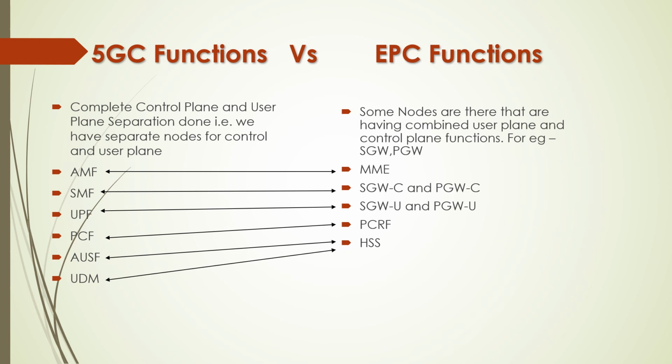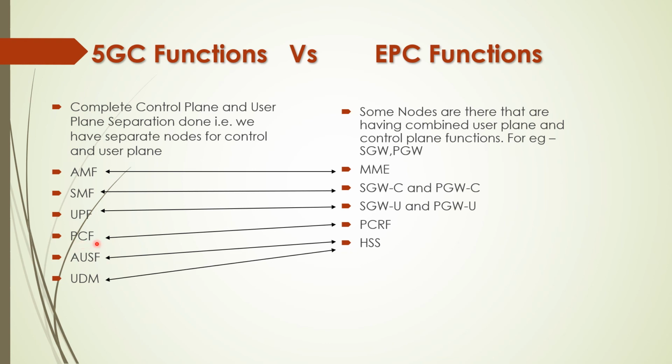So the combined S gateway and P gateway control functions are defined in one network function here, which is the SMF. Then UPF can be compared to the S gateway user plane and P gateway user plane functions. They have been combined into one network function, which is the UPF in 5G.